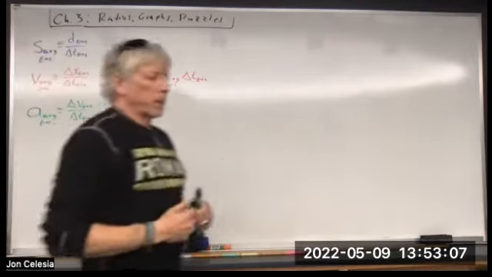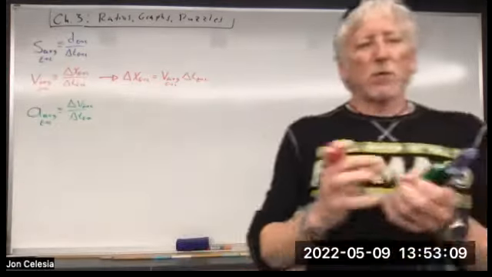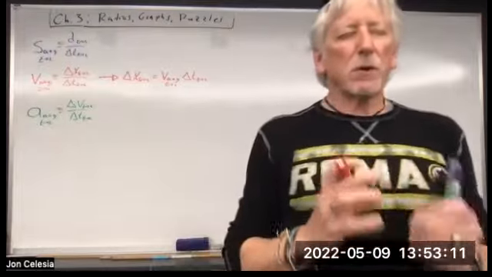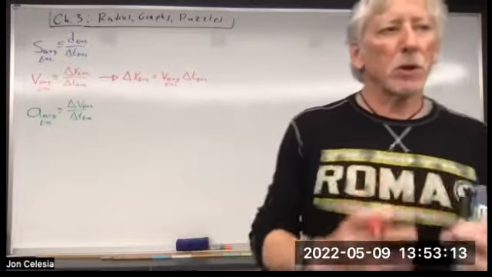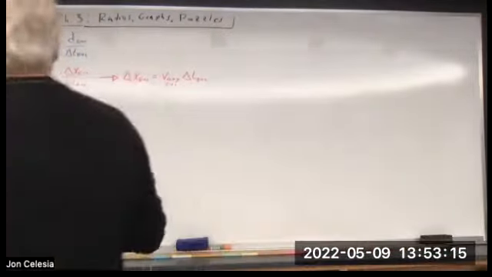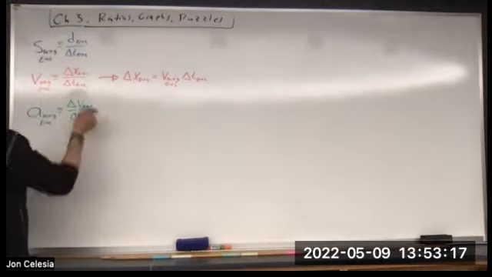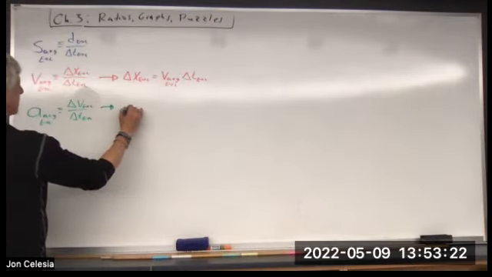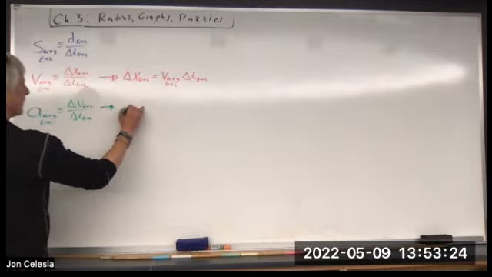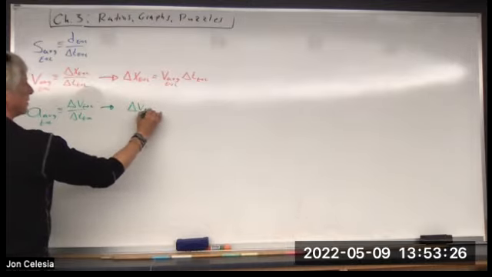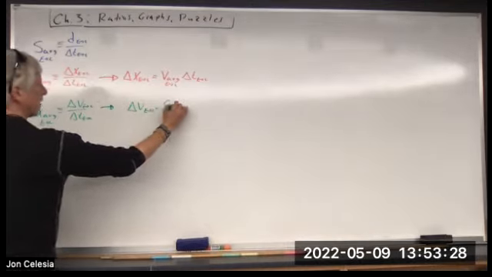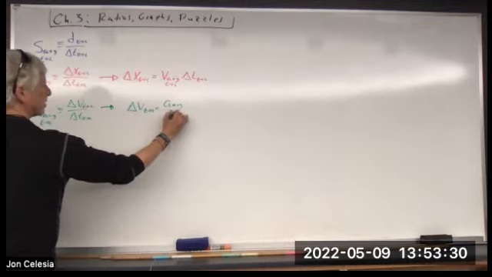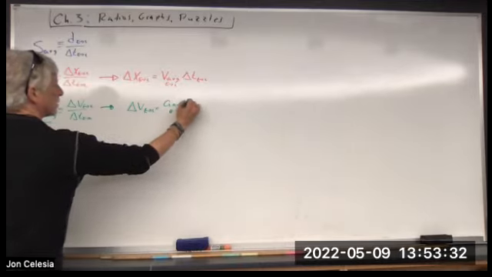Initially you memorize a few things, but then you don't rely on memory. You just look at it. It'll tell you what you need. Multiply by delta t here. And I've got that delta v is a average, earlier to later, times delta t.